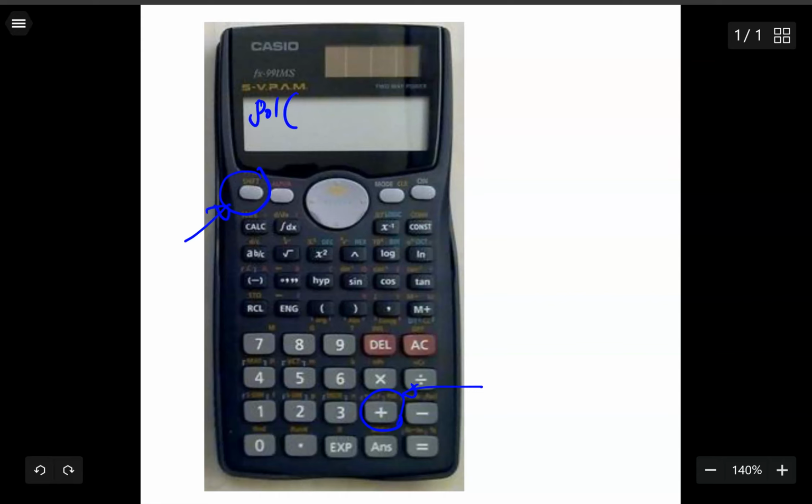Now, -5: this is your negative key. Don't forget that is the negative key. This here is a subtraction key, so don't use that one. Use the negative. So I have -5. I press this key to have a comma. I have -3 in. Close the bracket.